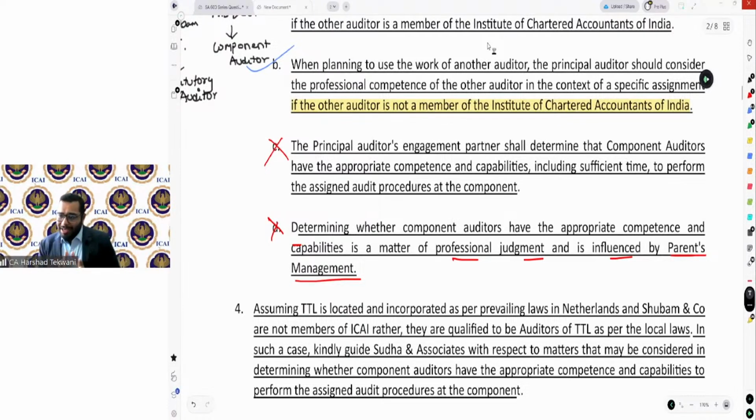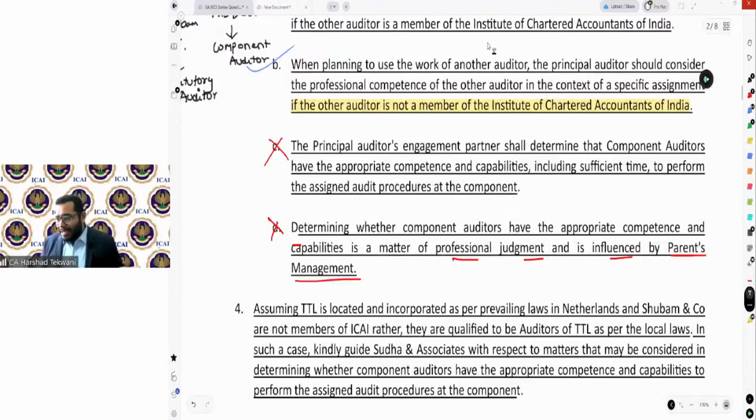See, the question here is that when we want to rely upon the work performed by other auditors, we need to make sure that we consider their professional competency and capabilities before we rely on the work performed by them, and to consider the competency and capability, what things are we required to do. Again, filing requirements might not be appropriate.